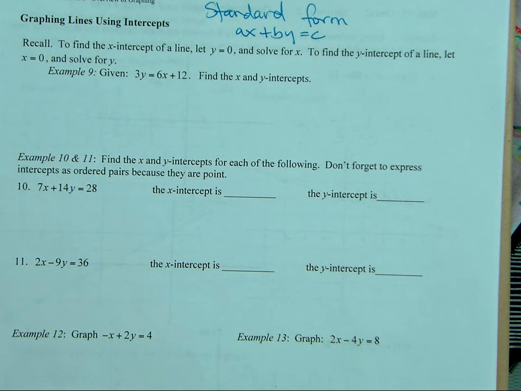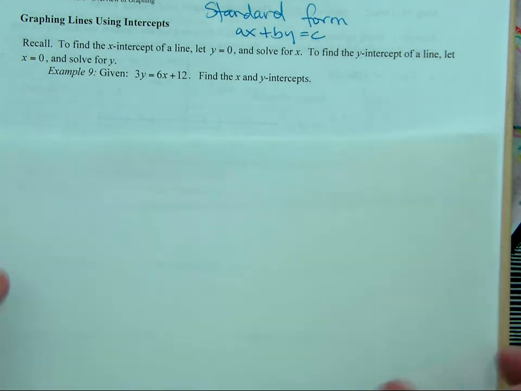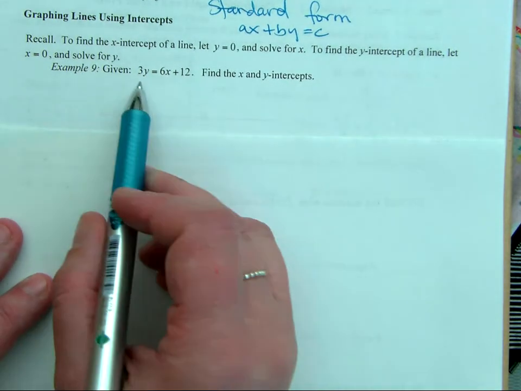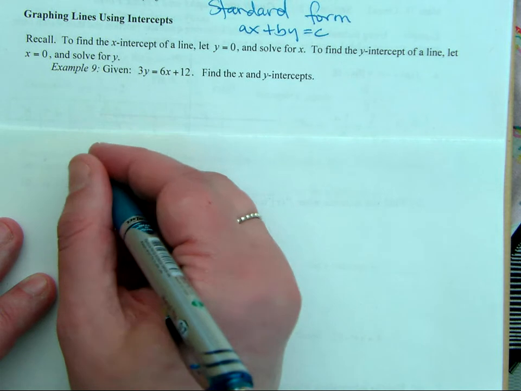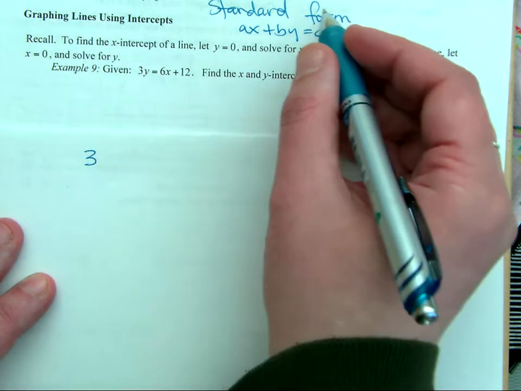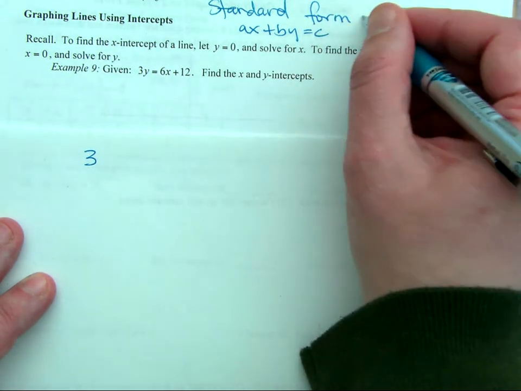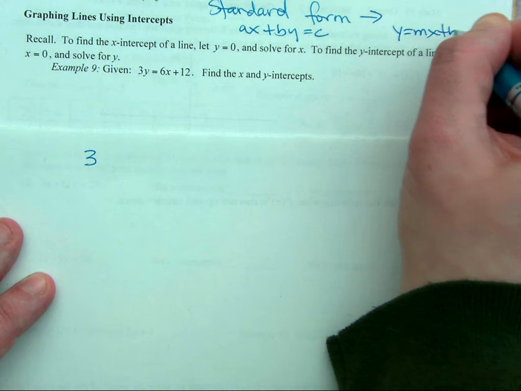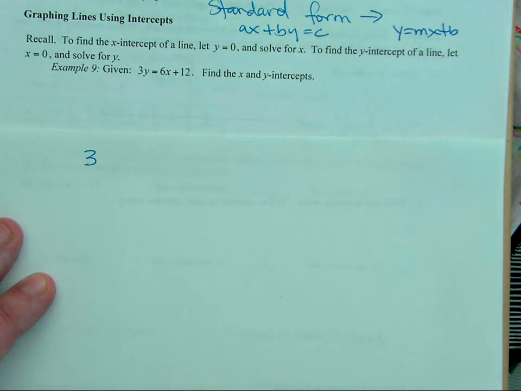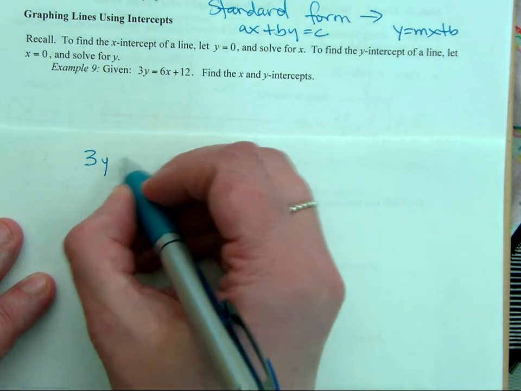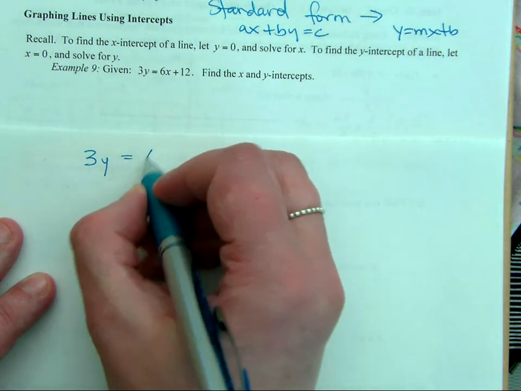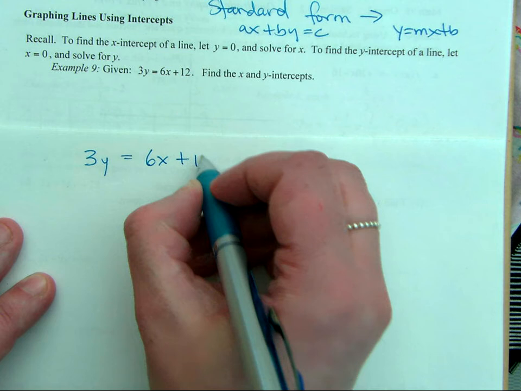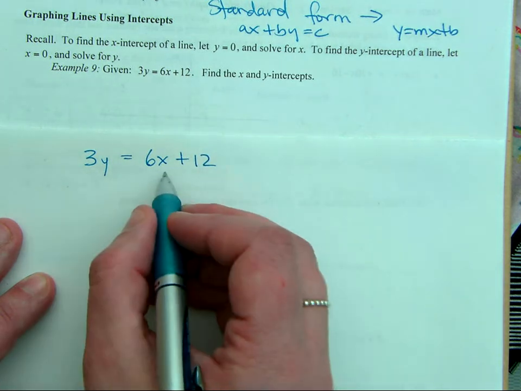In fact, if I wanted to take this equation and rearrange it into slope y-intercept form, what would I have to do to rearrange it from standard form to y equals mx plus b form? So if I took the 3y equals 6x plus 12, actually I realized that one is not written in standard form.